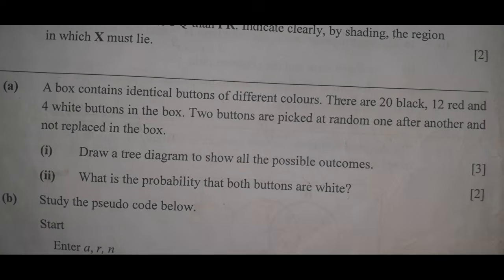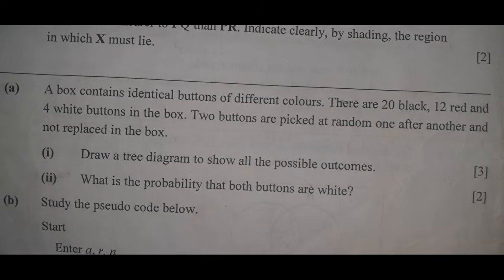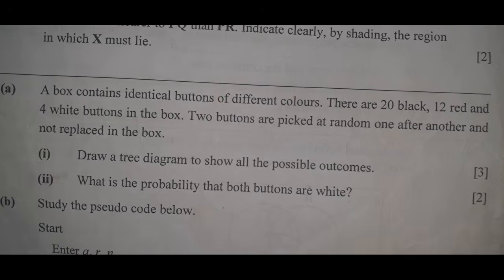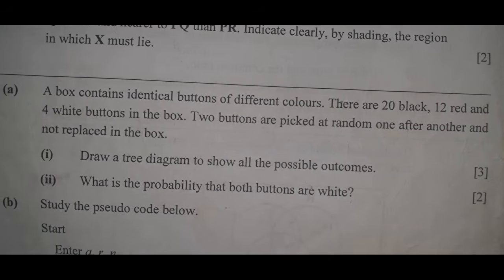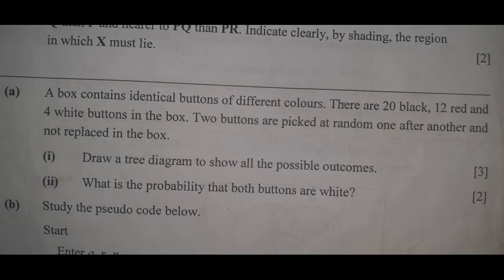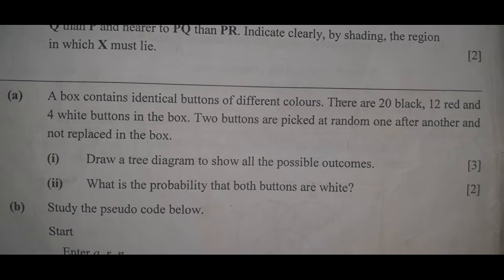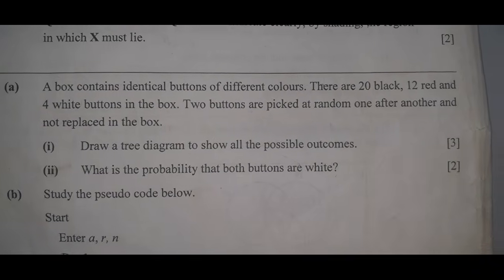Draw a tree diagram to show all the possible outcomes. The second one, what is the probability that both buttons are white? Okay, so those are the 2 questions that we'll be handling here. So take note of the question.